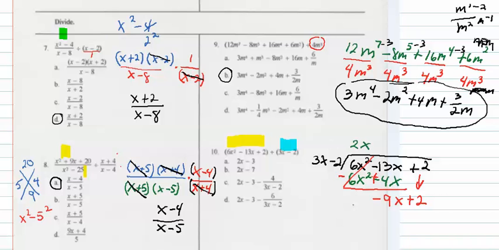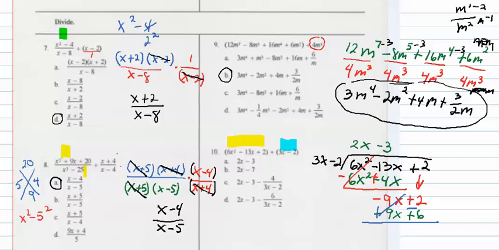Okay, now we've got 3x times what is negative 9x, and it's going to be a negative 3. Negative 3 times 3x is negative 9x. Negative 3 times negative 2 is positive 6. When you draw your line, change your sign.